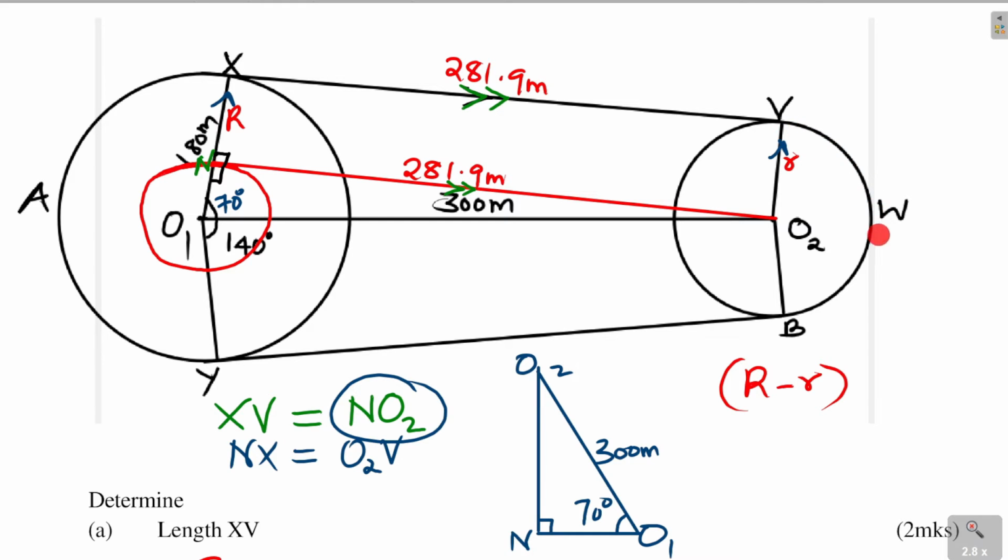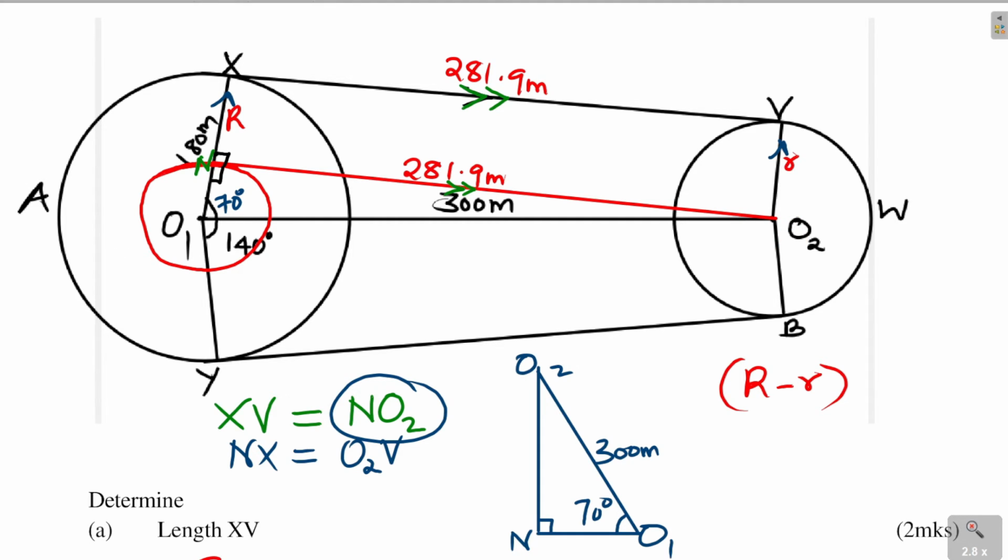VBW is this arc that is here. To do that, we simply need to get the length. How do we get the length of an arc? We need to get the angle at the center here, and it is very easy to get.